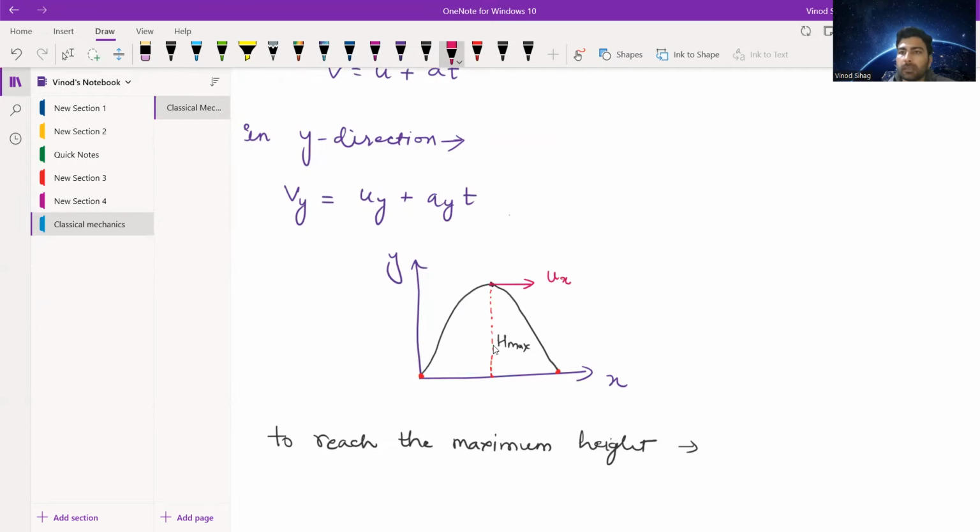There will not be any velocity in the y direction. So here Vy will be 0 at this point. We are going to take this into consideration in the above equation.